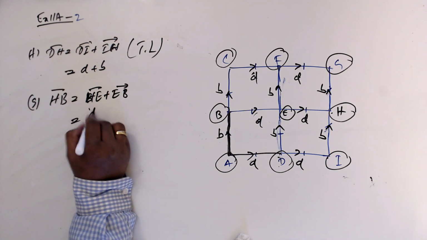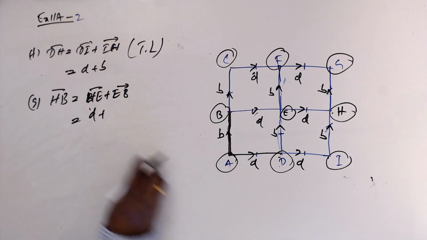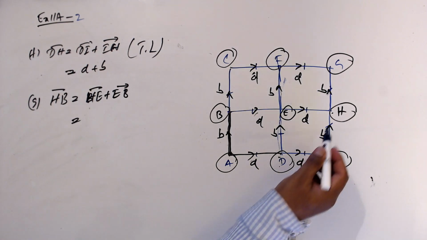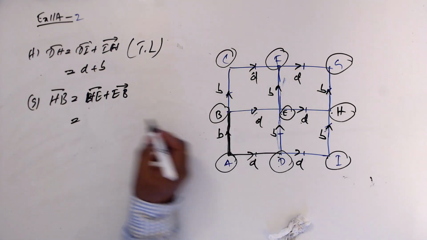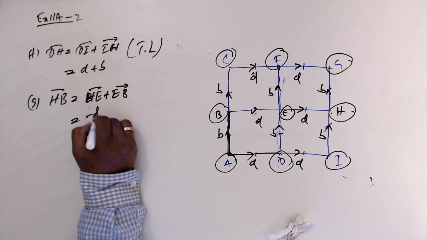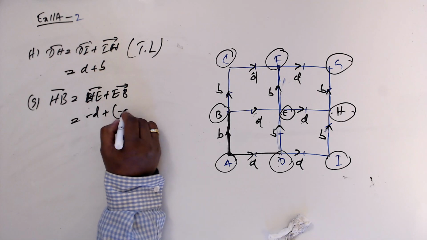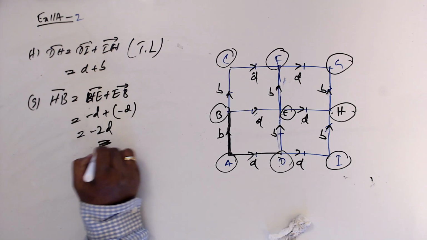This is D plus HE. EH is D, HG is minus D, plus again EH is minus D, minus 2D.